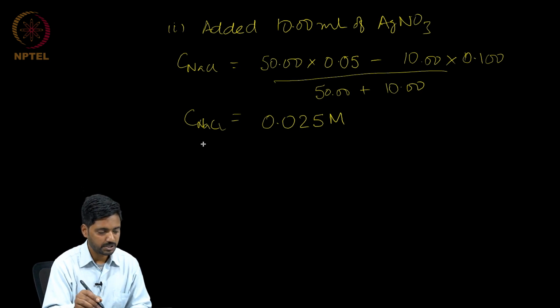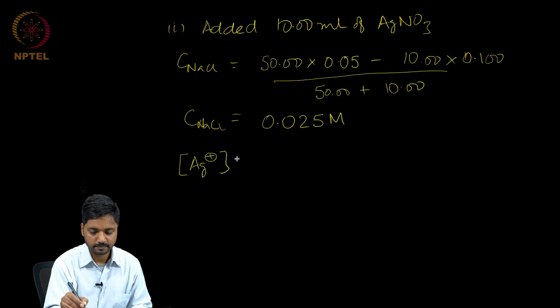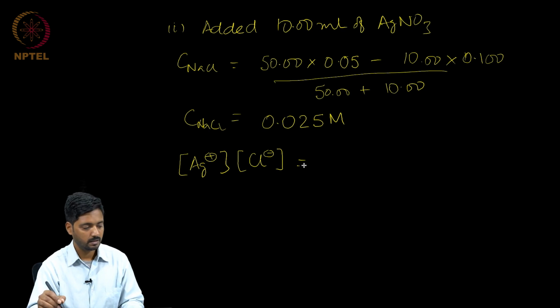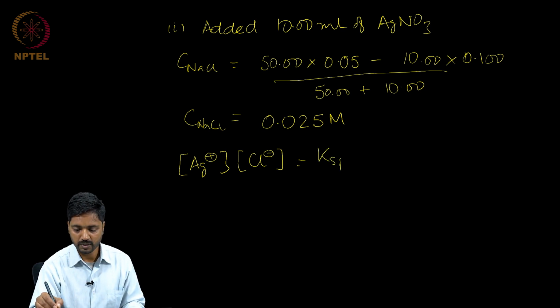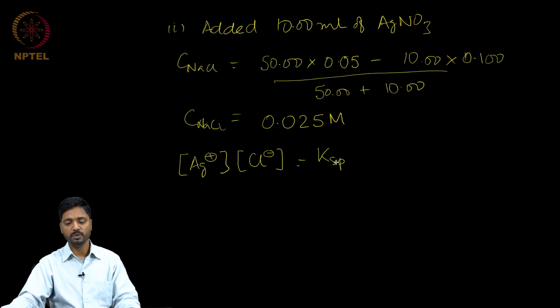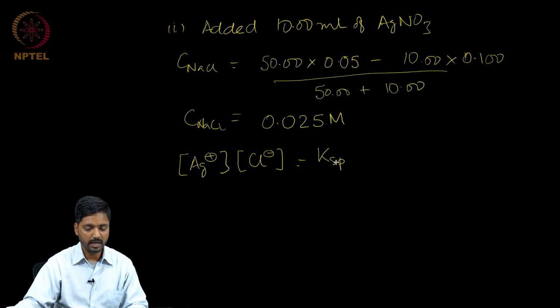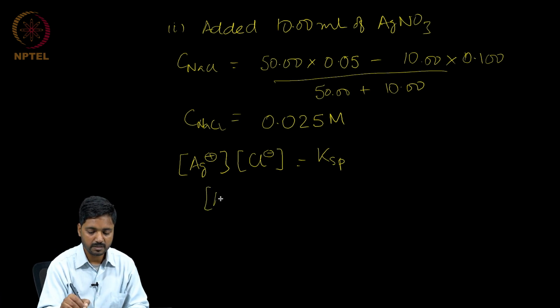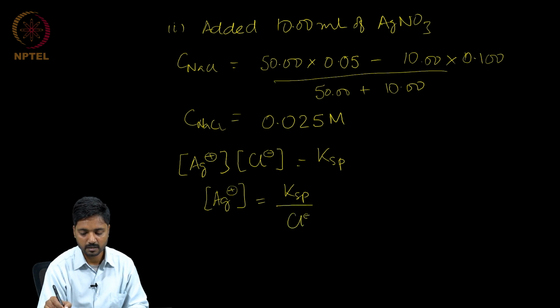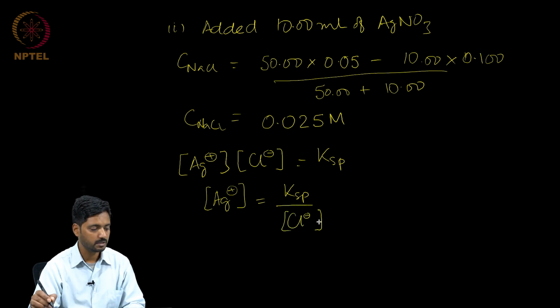From here we should be able to calculate the silver ion concentration in the medium by plugging this value in the solubility product equation, and we get the silver ion concentration as KSP divided by the chloride ion concentration.